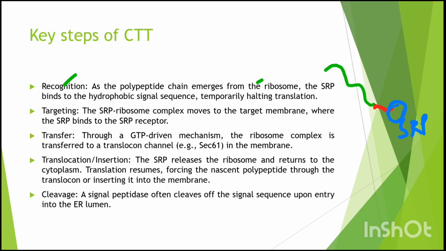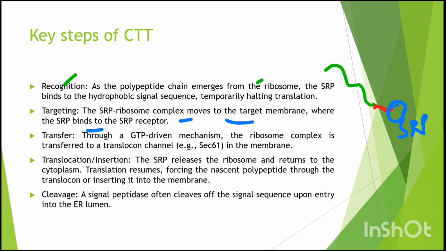Then the SRP ribosome complex moves to the target membrane, where SRP binds to the SRP receptor. The SRP receptor is present on the surface of the ER, or endoplasmic reticulum. It is ready to receive the SRP complex protein.